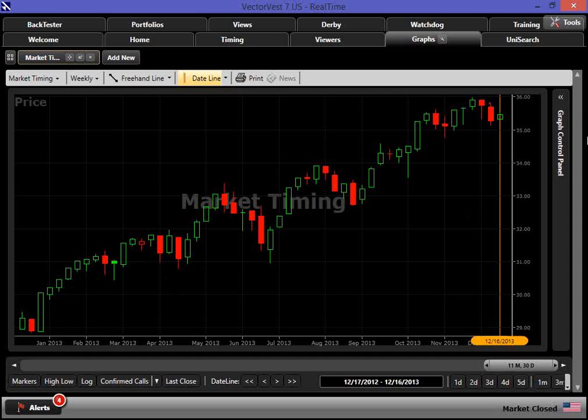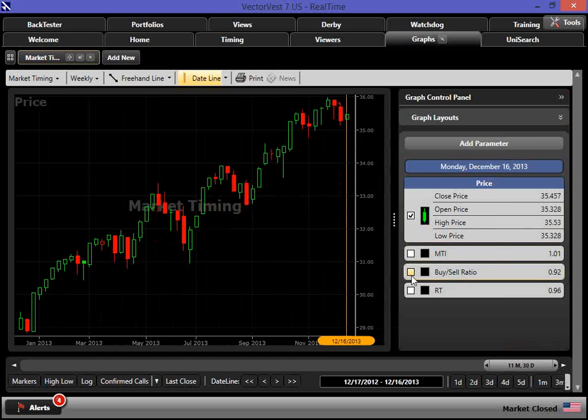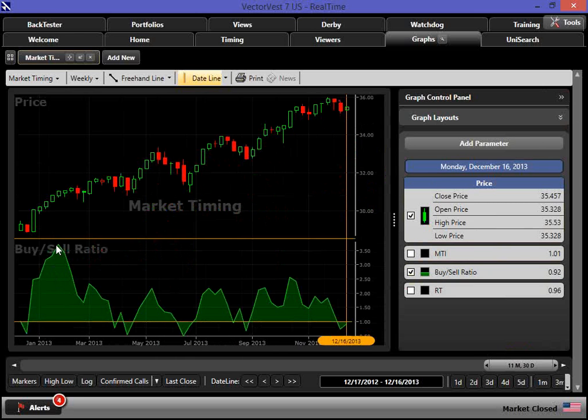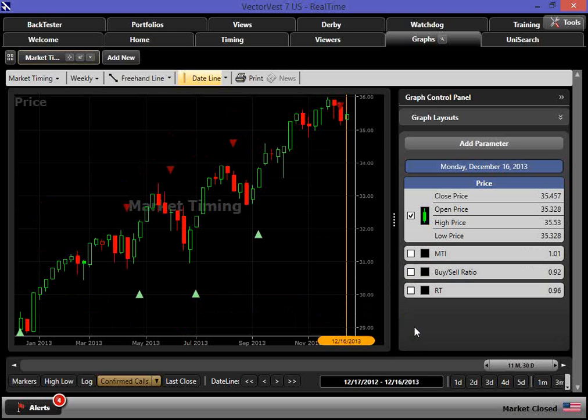We confirm that signal when we have more buys in the database than sells. And so we recently had a confirmed down call because the price had fallen for 2 weeks in a row and there were more sells in the database than there were buys. All of these timing signals and all of our analysis, in fact, are all driven mathematically. There's nobody in the back room who ever gives their opinion in the VectorVest system. The opinion is left for the views, right?